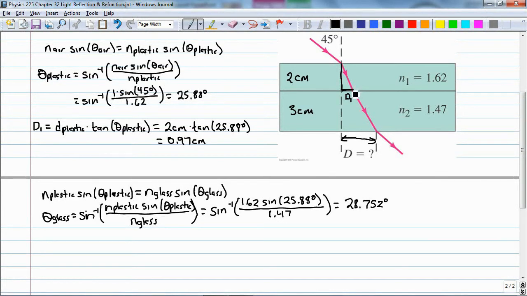Now, that's at this point here. You can draw a vertical, and this distance of the vertical is just 3 centimeters.